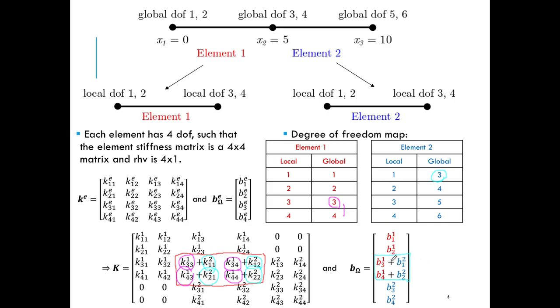So 3 4 के ऊपर I end up getting local degree of freedom 3 from element 1 and local degree of freedom 4 from element 1. So these two terms right here, and from element 2 I get B1, degree of freedom 1 and degree of freedom 2 right in there. Okay, तो हमने अपनी assembly को भी general expression के तौर पे लिख लिया है.